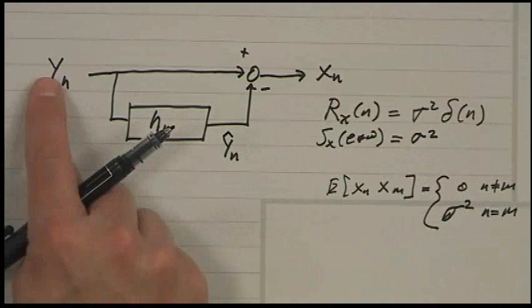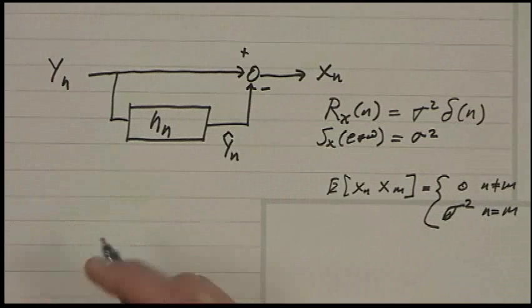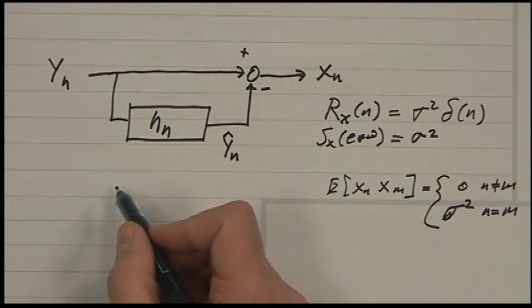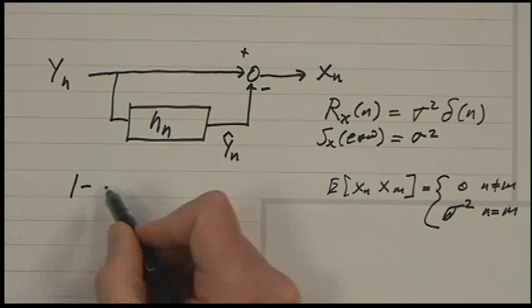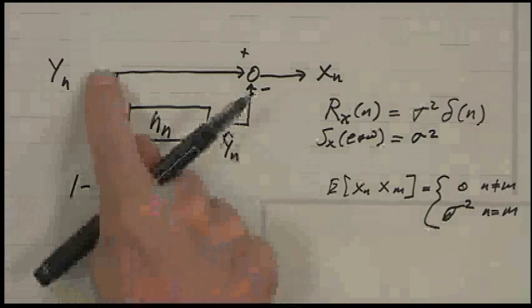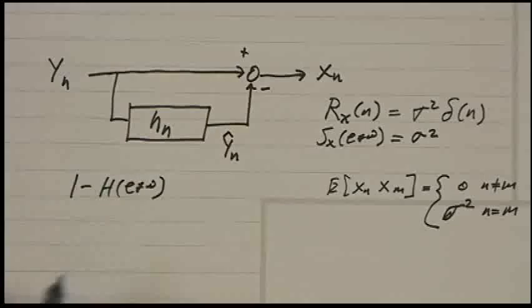And then from here we can work backwards. We can calculate the transfer function of this filter. It's going to be 1 minus H of e^{jω}, right? Because this is 1, and this is minus H of e^{jω}.